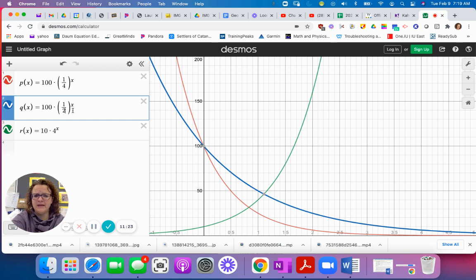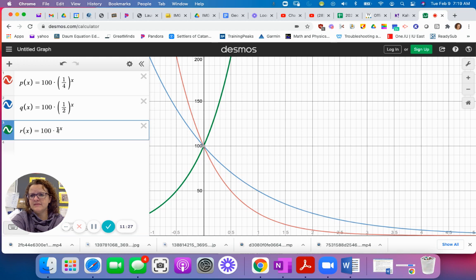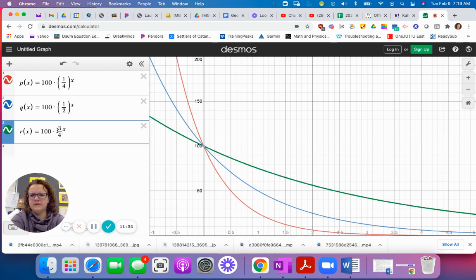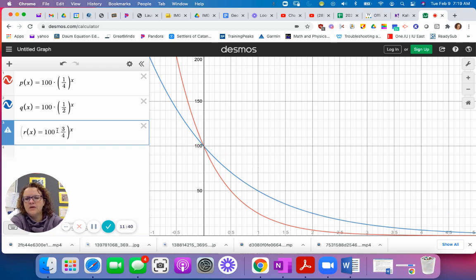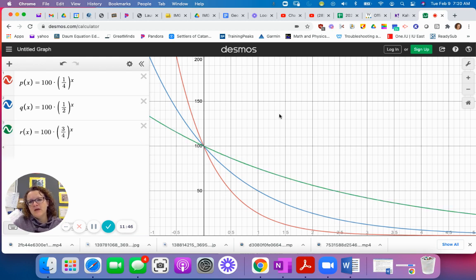You have half remaining. So you have more of your initial whatever it is. And then let's do the most remaining. So you're only losing that last equation. You're losing a fourth of your initial amount. You have 3/4 remaining. Okay, so that is your difference.